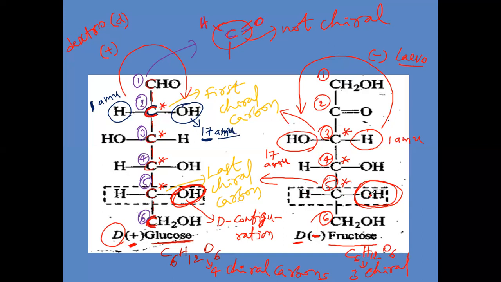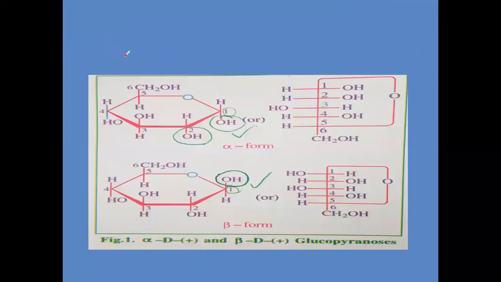But here the OH is on the right side, so it is D. Here also the OH is on the right side, so it is D. So two types of configuration are there, D configuration and L configuration. What is the meaning of DL configuration? The DL configuration is called relative configuration.